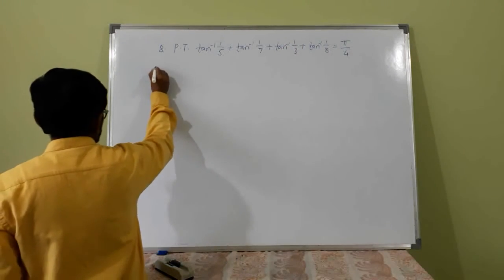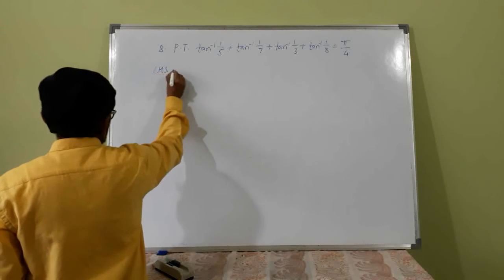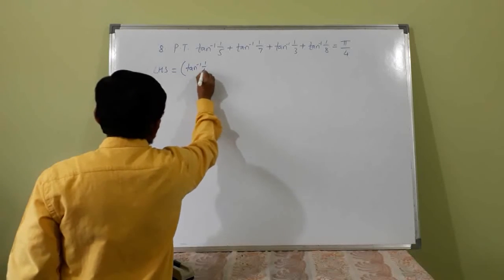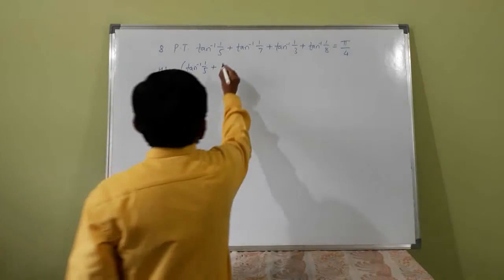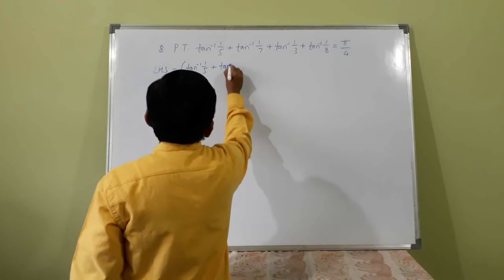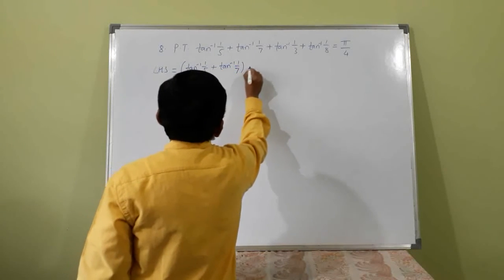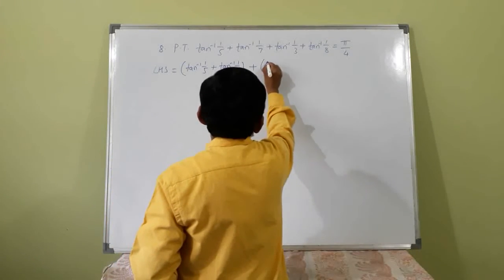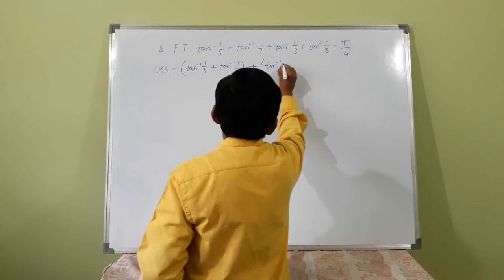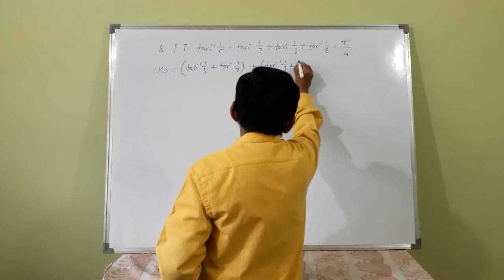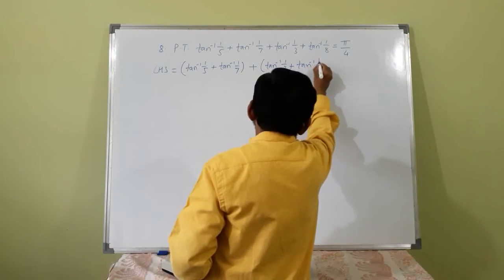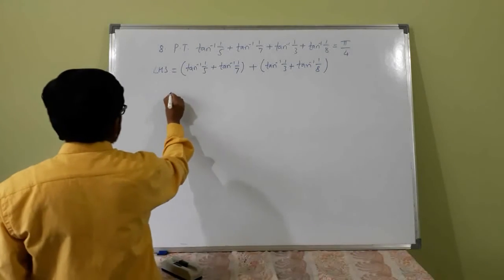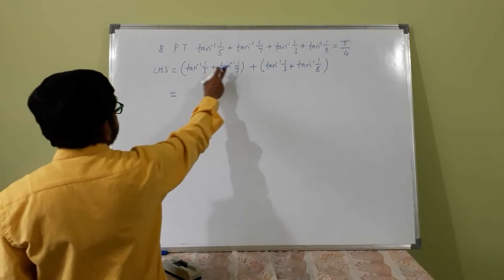LHS is equal to tan inverse of 1 by 5 plus tan inverse of 1 by 7, plus tan inverse of 1 by 3 plus tan inverse of 1 by 8. So this is of the form tan inverse of x plus tan inverse of y.